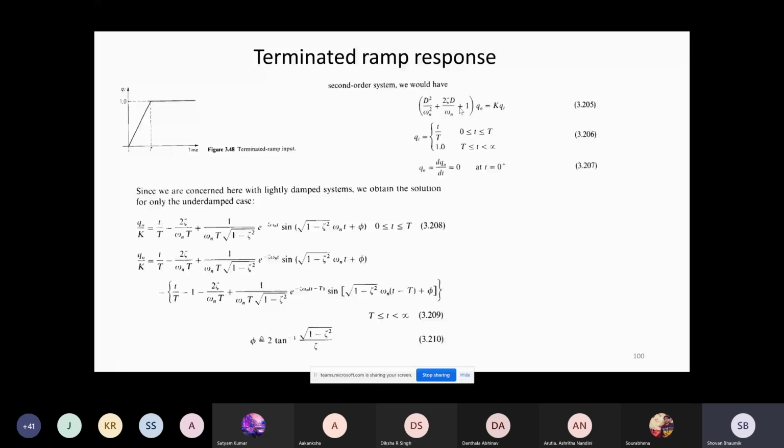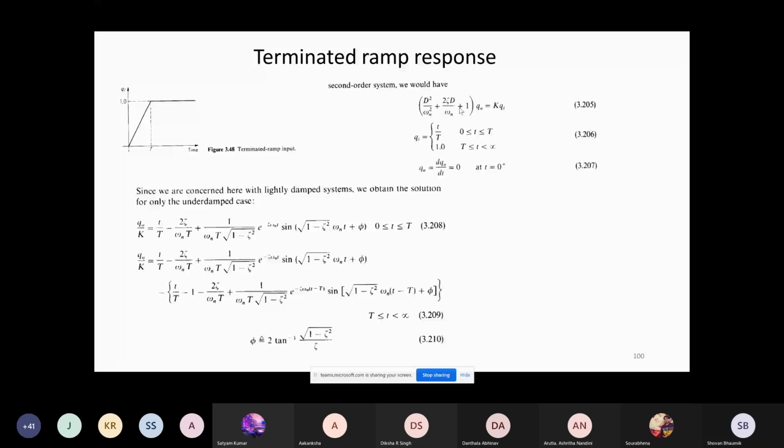This is quite a long expression. If we combine these two, we get the complete output response. The first part is for in between 0 to capital T, and the next part is for capital T to infinity. Now if we plot these two expressions, there are some points we should discuss.